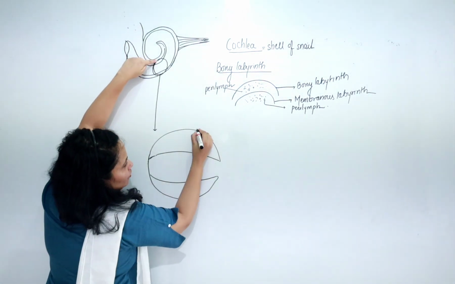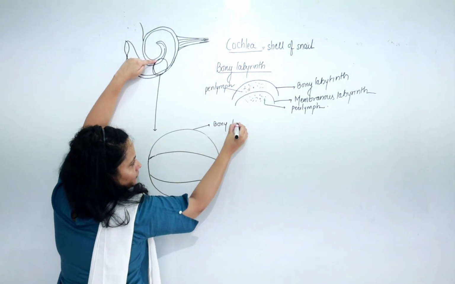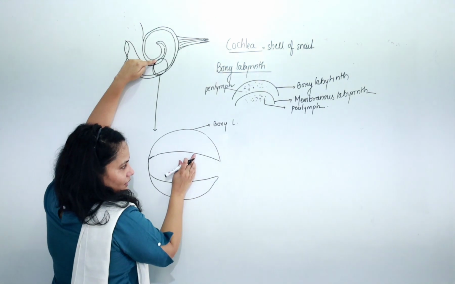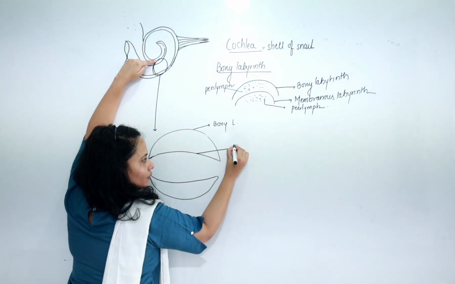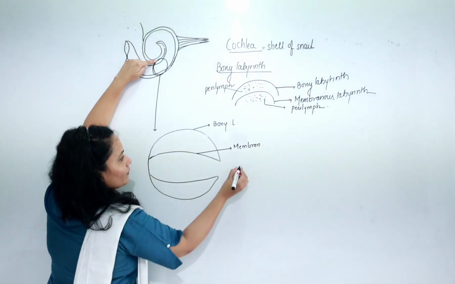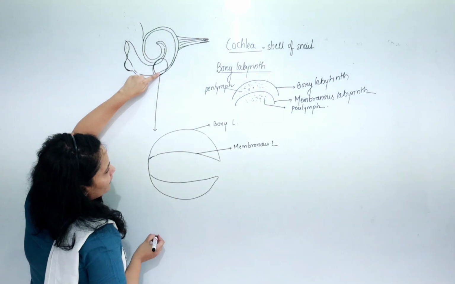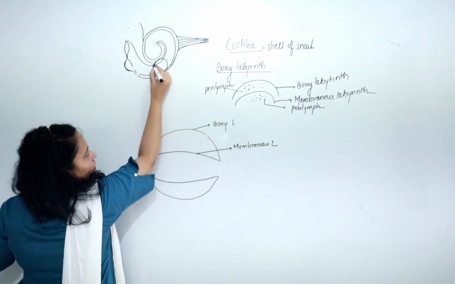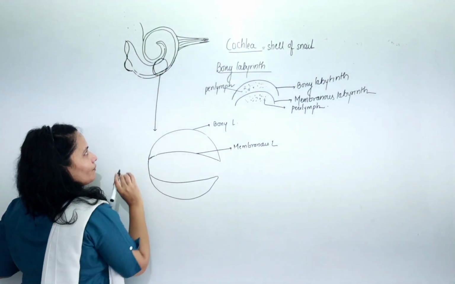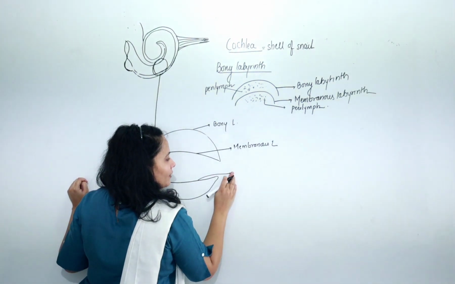So this outer is the bony labyrinth. This inner is the membranous labyrinth. Again I'll come down. Here is the membranous labyrinth because the inner part is wholly covered by a membrane. So it is also known as the membranous labyrinth here.